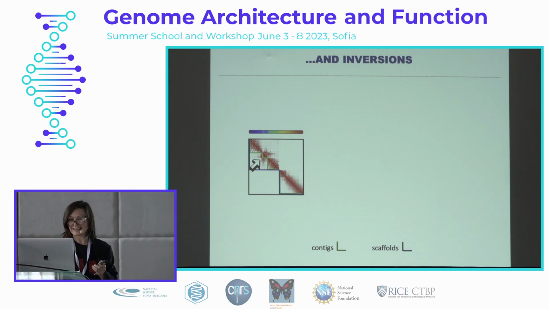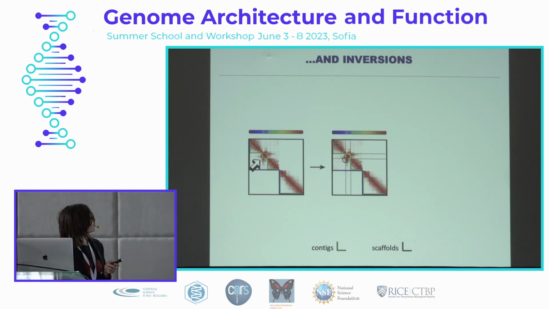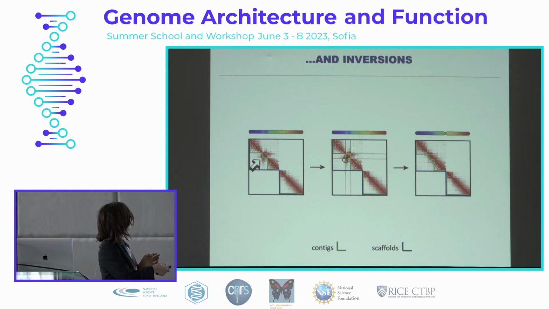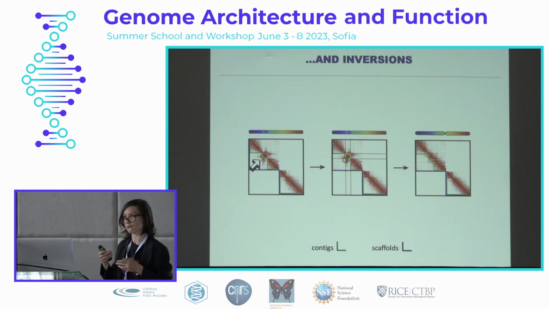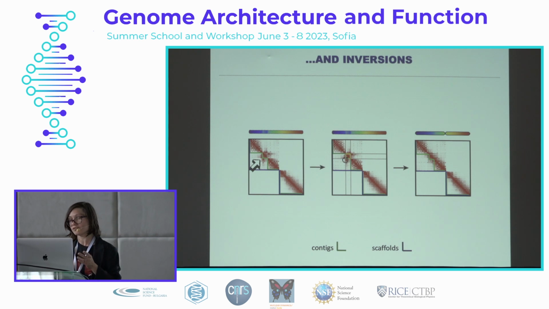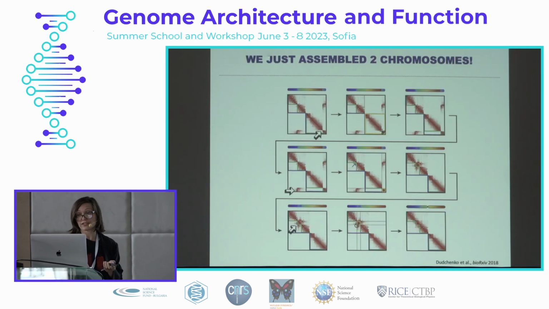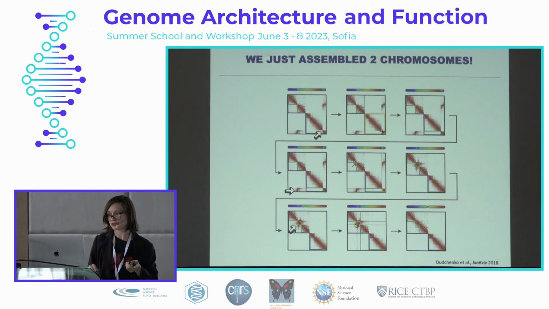That's right. If we just flip it, the stuff that had a lot of contacts becomes close in 1D proximity, so the 3D frequency behaves well with the 1D distance, and we get something that looks just like the human map we saw before, for good reason, because you have just assembled 2 human chromosomes.